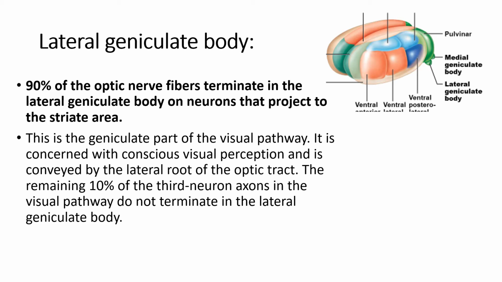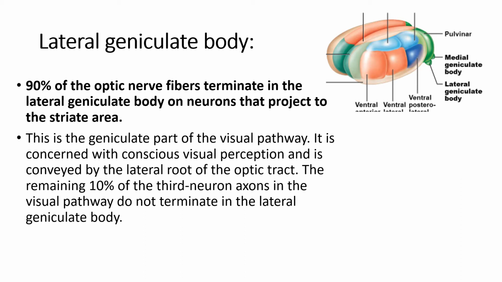Looking at that lateral geniculate body off the pulvinar in the back, 90% of the optic nerve fibers terminate in this lateral geniculate body on neurons that project to the striate area. This is the geniculate part of the visual pathway. It is concerned with conscious visual perception and is conveyed by the lateral root of that optic tract.